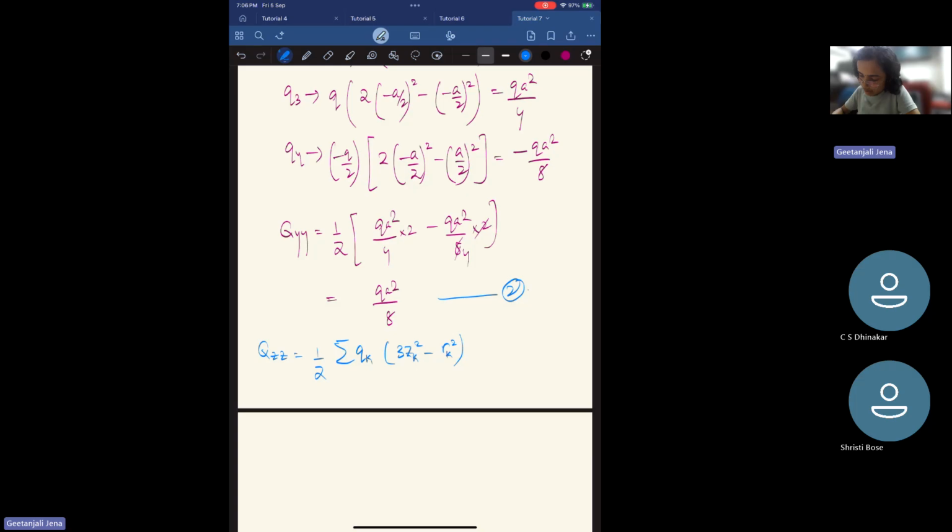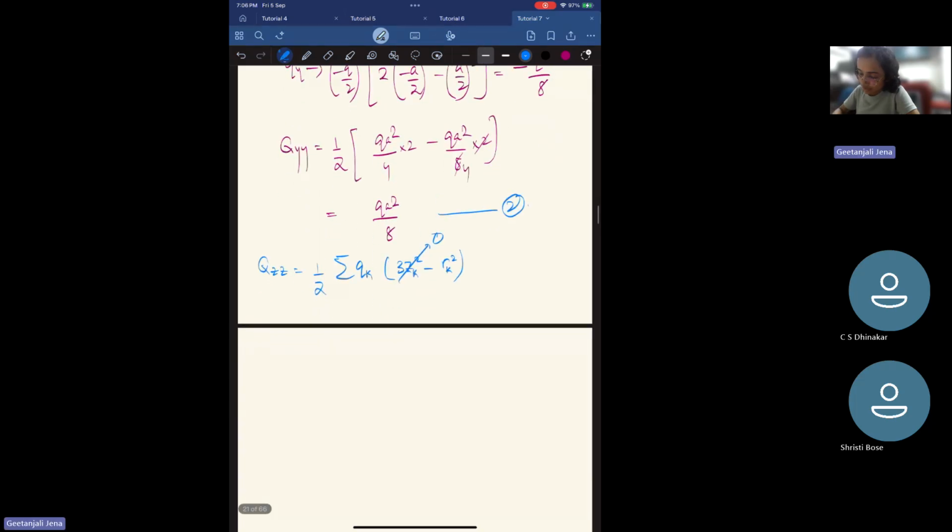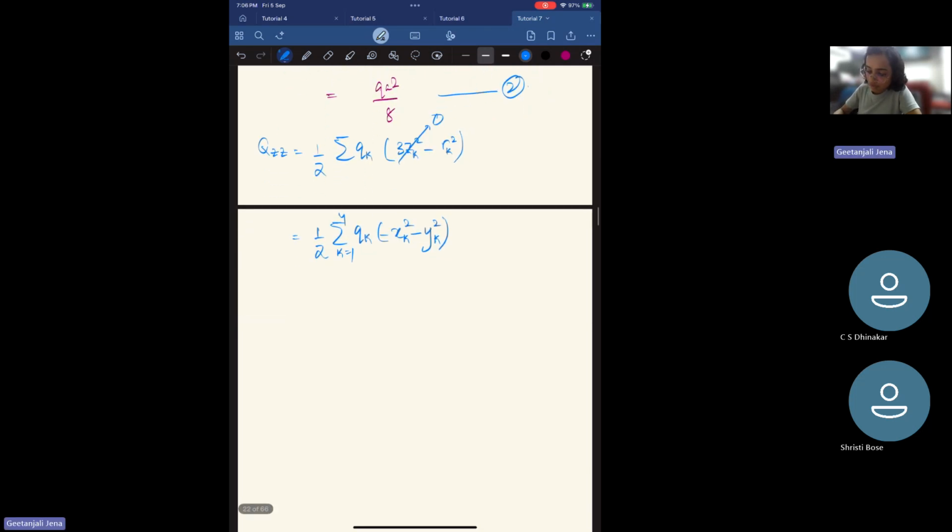Because zk is 0 for all, since it's in the xy plane, this is 0. So you have half summation qk times xk squared minus xk squared and yk squared for k from 1 to 4. You know the xk, yk for all the parts.